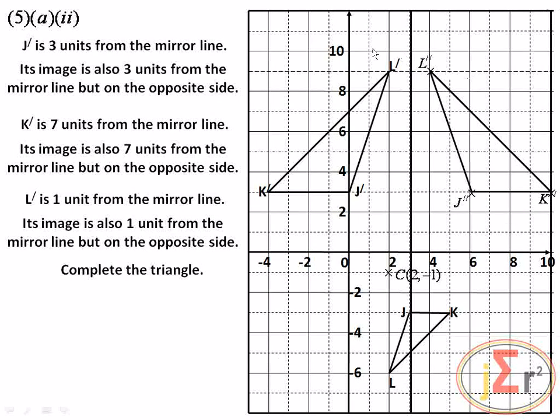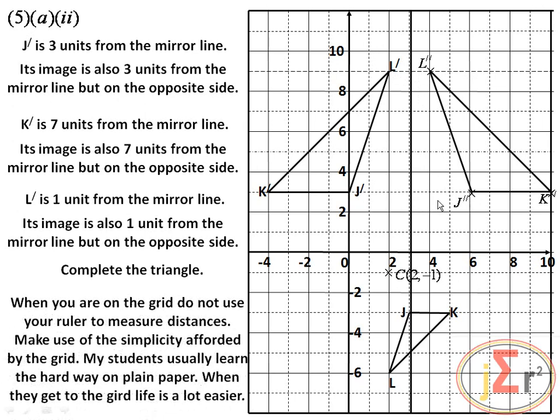Right. Notice that this line joining L prime to L double prime is perpendicular to the mirror line, and this one that joins J prime to J double prime is perpendicular to the mirror line. That is a property of reflection. When you are on the grid, do not use a ruler to measure distances. Make use of the simplicity afforded by the grid.